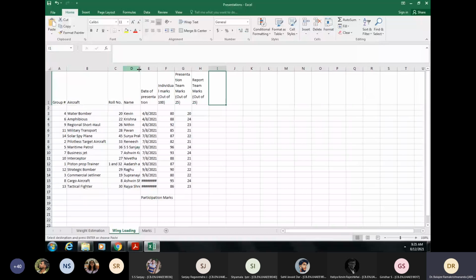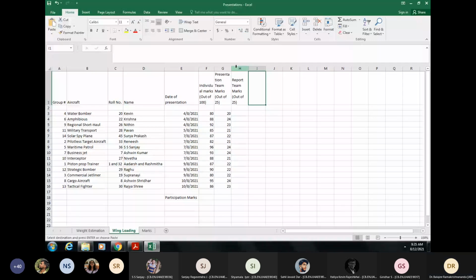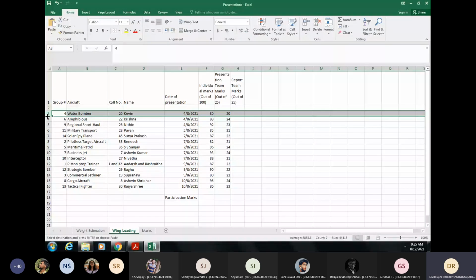As I told you, I'll try to distribute the unfairness as fairly as possible. So this time, the groups who presented first: water, bomber, and amphibious.